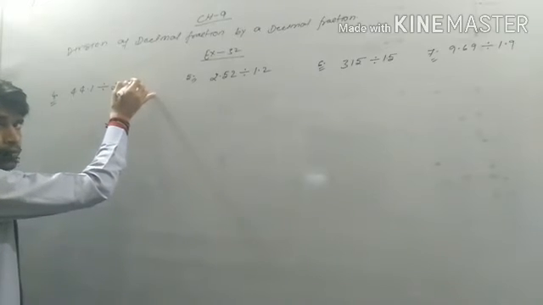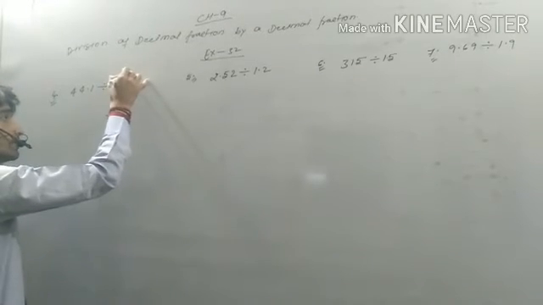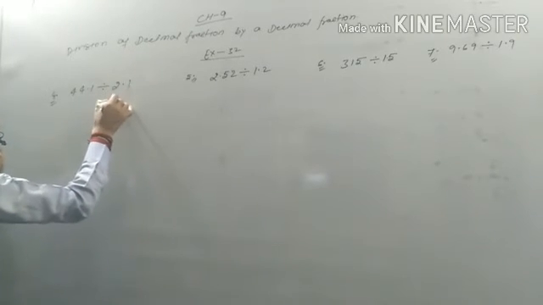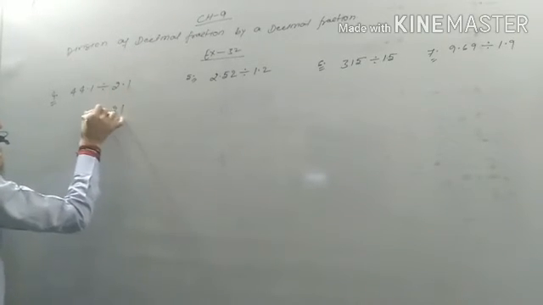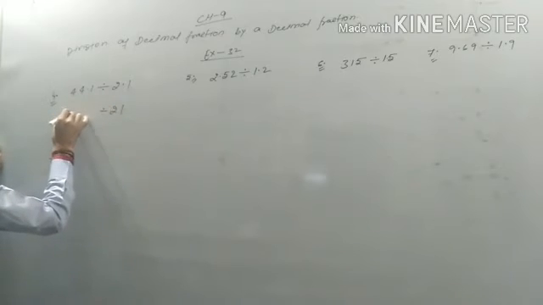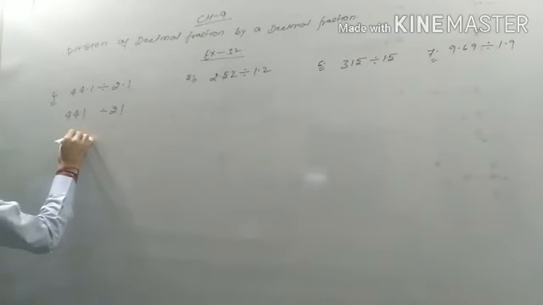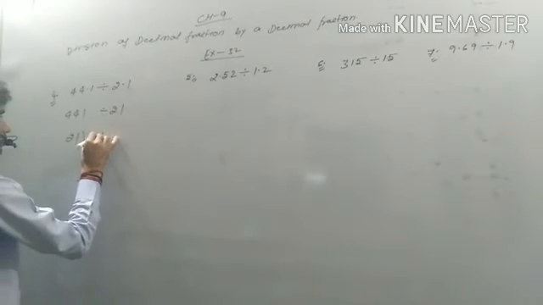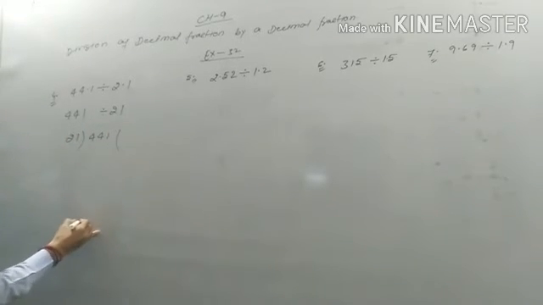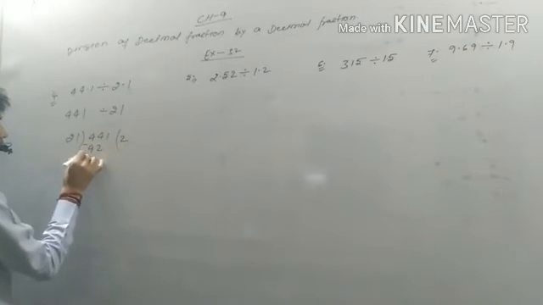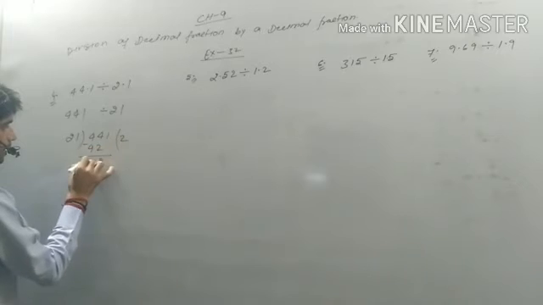So this decimal fraction changes into a whole number. After shifting the decimal, this is 21 and this is 441. Now 21 divides 441. So 21 twos are 42. Now subtract, this is 2 and this is cancelled.